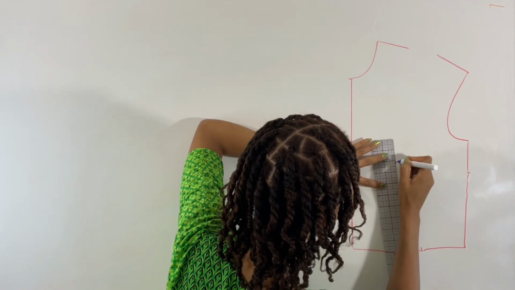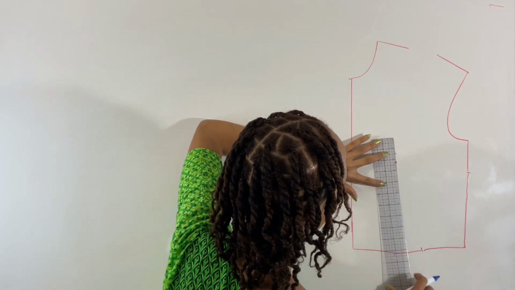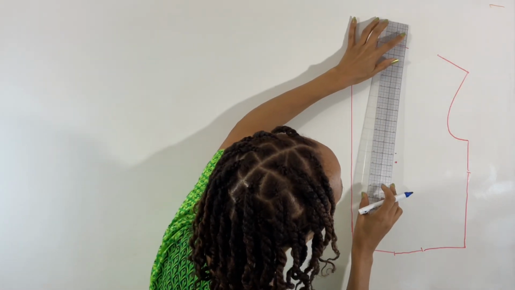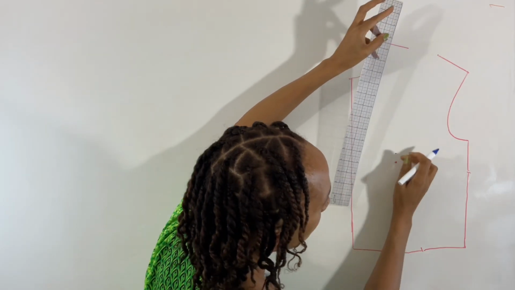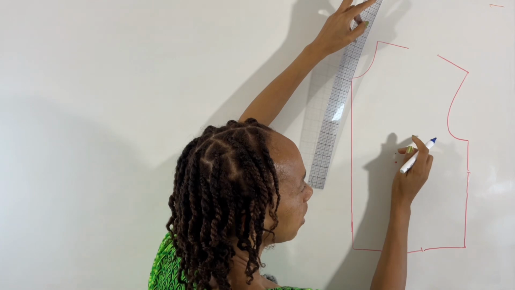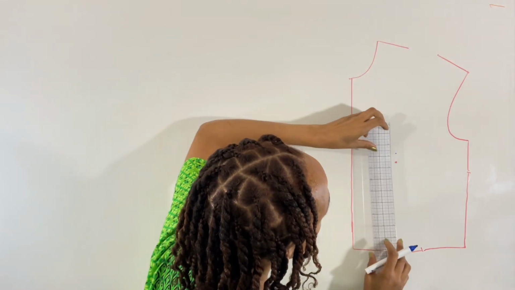So go up 3/4 of an inch and you will find that. So this is now your bust point, okay? One thing you must note, this is your bust point, but you need to also go up 1 inch from your bust point to get the end of your shoulder dart. So you need to go up another inch from here.